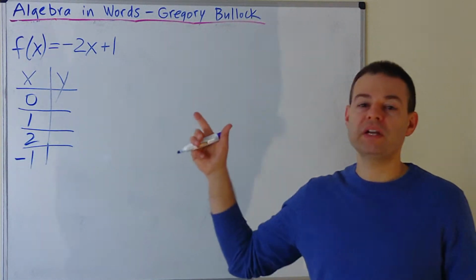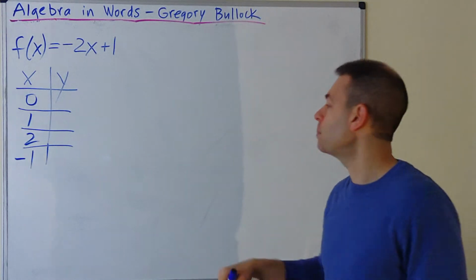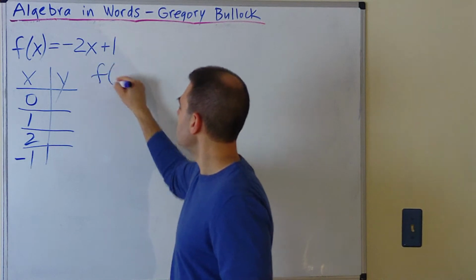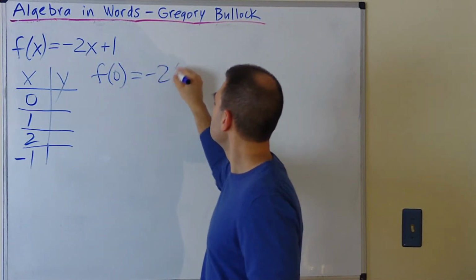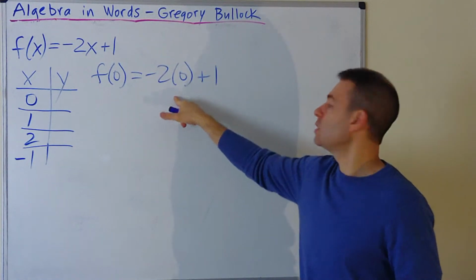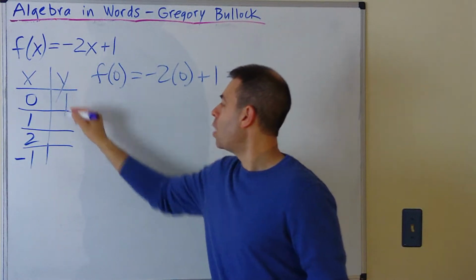And we already know that this is a linear equation, so we already know that that's not going to happen. Alright, so let's evaluate, and we'll do it properly by putting in 0 for x like this. Alright, 0 times -2 is 0, and that leaves us with 1, so let's put 1 in here.